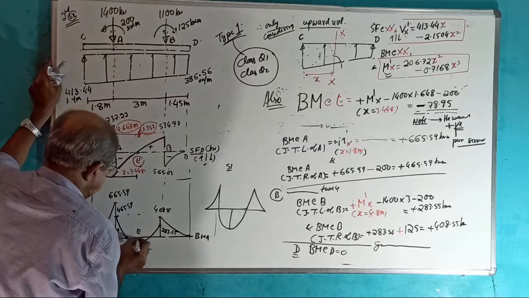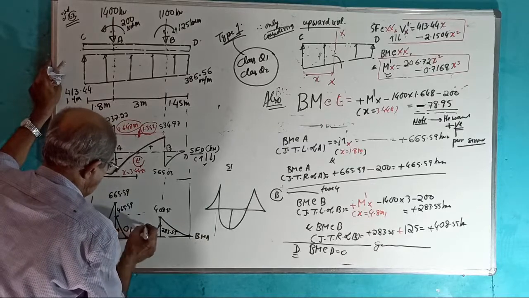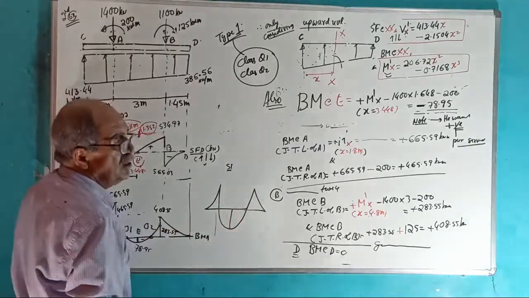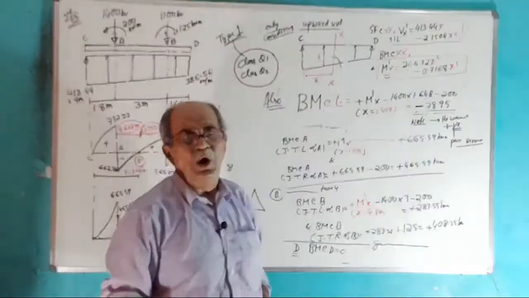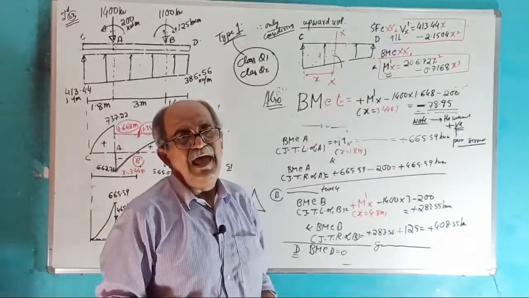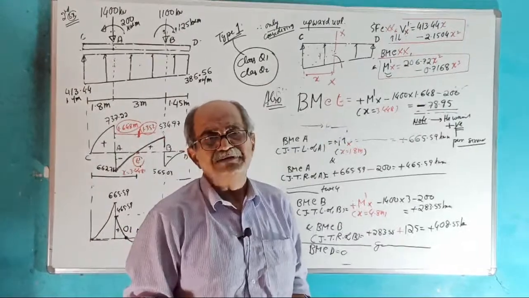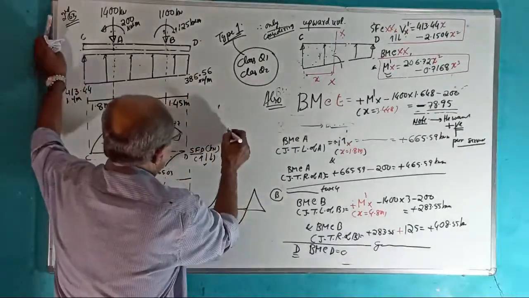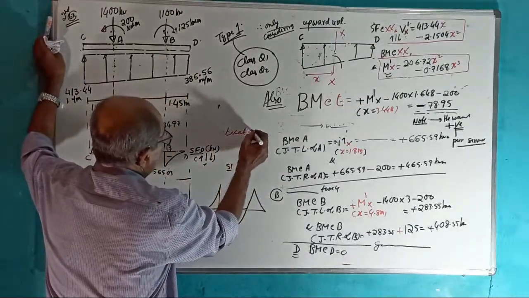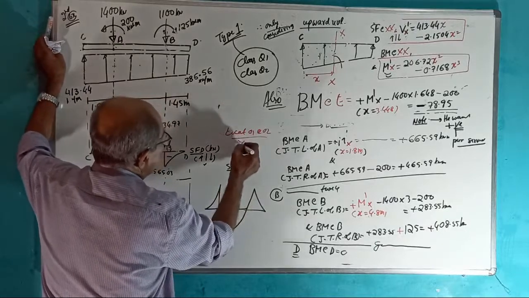There are 2 points of contraflexure, O1, O2. This time you locate it. I told you last time, yes or no? Same question I told you last time. Therefore locate O1, O2. You do it. How?